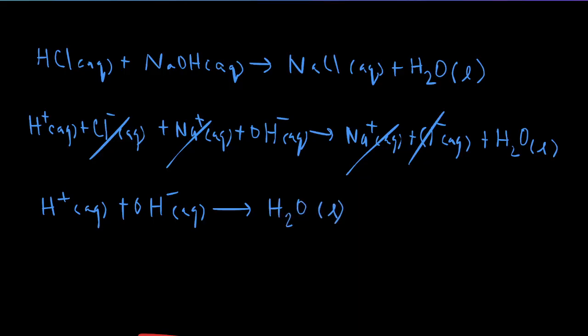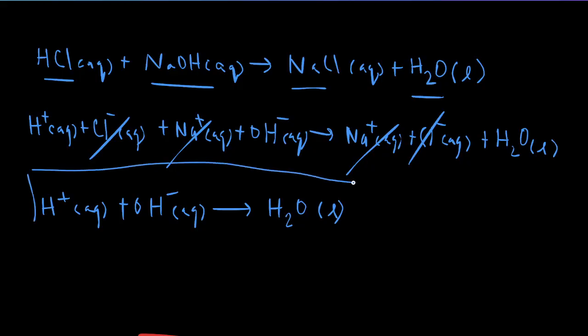And so this is generally what you'll see when you are reacting a strong acid with a strong base. Firstly, you'll see that you're going to be getting a salt and water, and the net ionic is always going to be this. So if you do want to just keep that in mind, it is going to be useful.